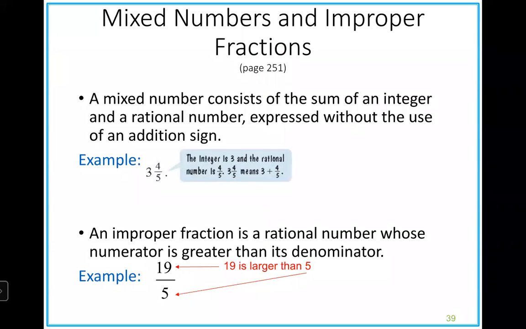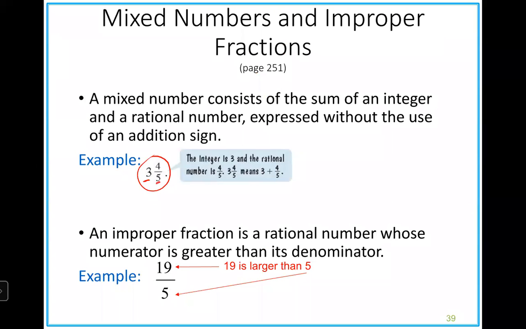Okay, mixed numbers and improper fractions. A mixed number consists of an integer and a rational number. So this here is an example of a mixed number. You have this integer and you have this rational. So it's a whole number and a fraction.